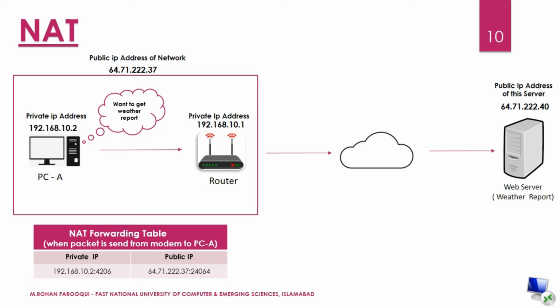The NAT forwarding table allows the router to keep track of requests from these private IP addresses. So the router will look in the NAT forwarding table to see from which PC it was requested. As it was requested from PC A, the router will send this packet to PC A.